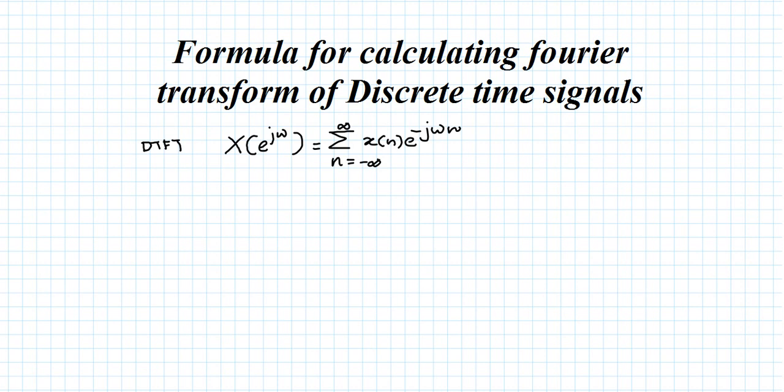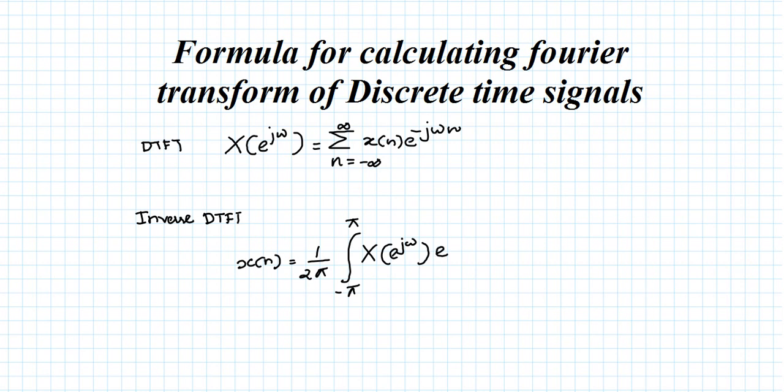Similarly, there is one more formula to calculate the inverse DTFT, which is written as x of n is equal to 1 by 2 pi times the integral from minus pi to pi of X of e raised to j omega into e raised to j omega n into d omega.